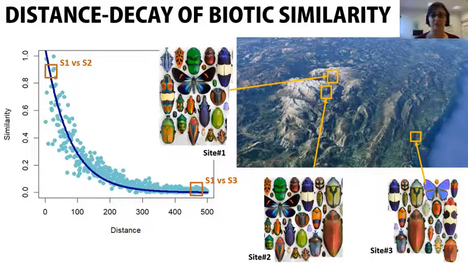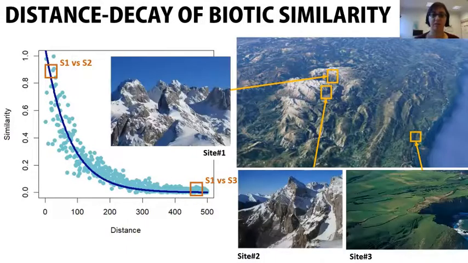But as you can imagine, two localities that are close to each other not only have species in common, they have many other things in common, like the habitat, the climate, other factors that might be also affecting the biological communities that we are studying.